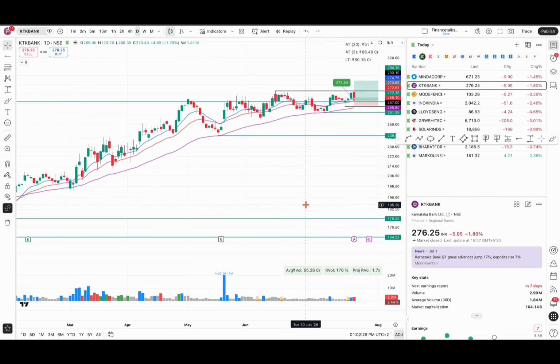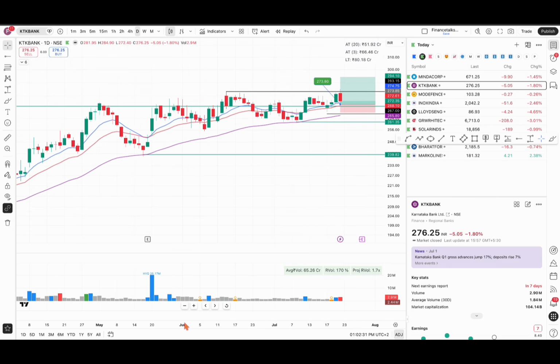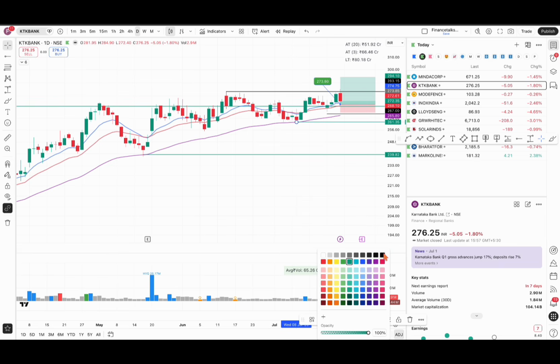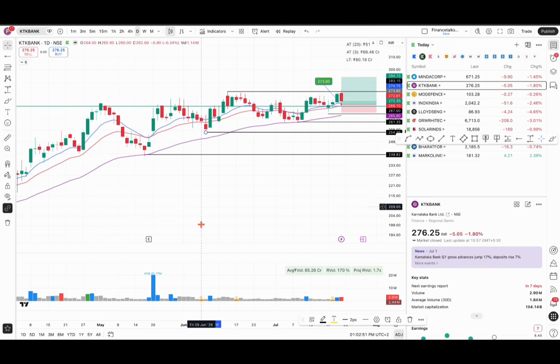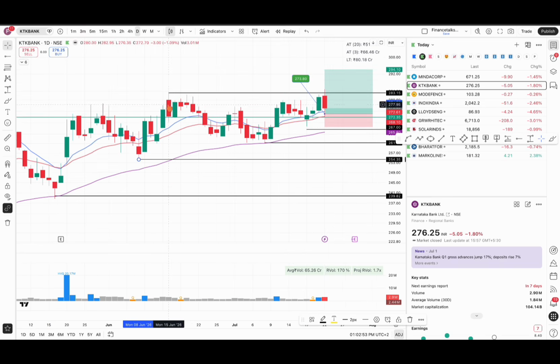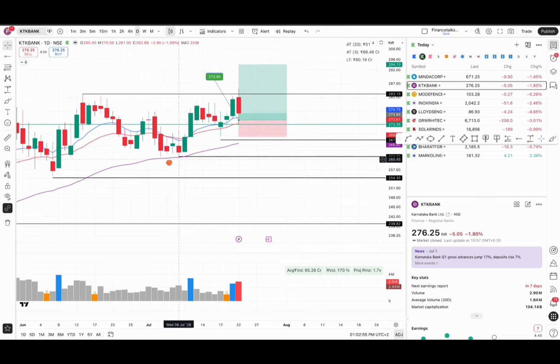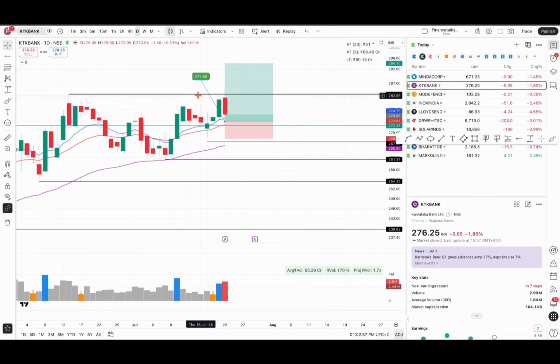So over here now let's zoom in, this green line you can see. First let's mark these black. These green lines you see, that was the previous all-time high, and you see the first correction from over here, then the second correction from over here making a base at this level, then the third correction making a base at this level, a fourth correction from this level making a base at this level.